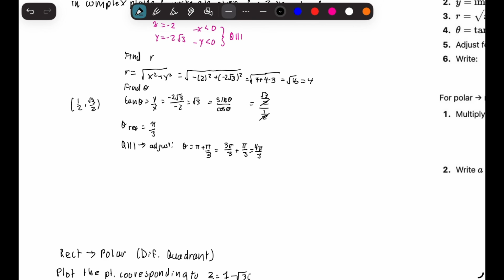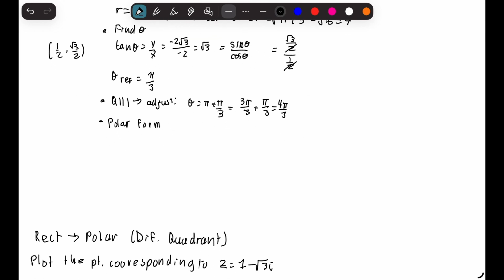Write in polar form. You can write this as z is equal to 4 cosine 4 pi over 3 plus i sine 4 pi over 3.